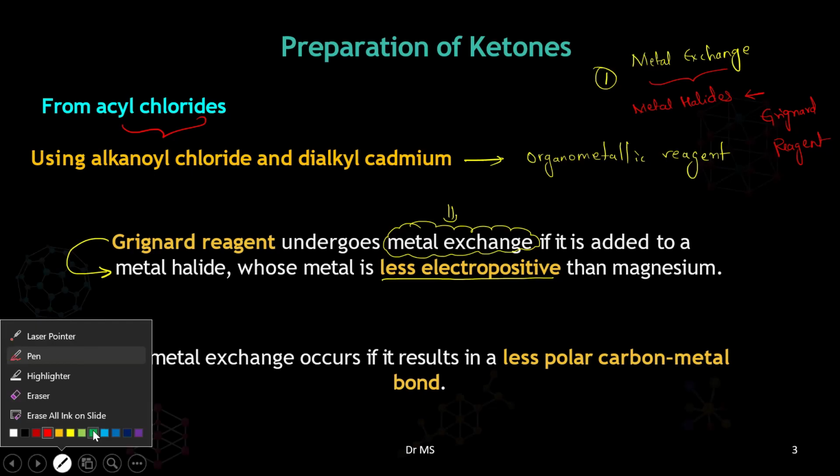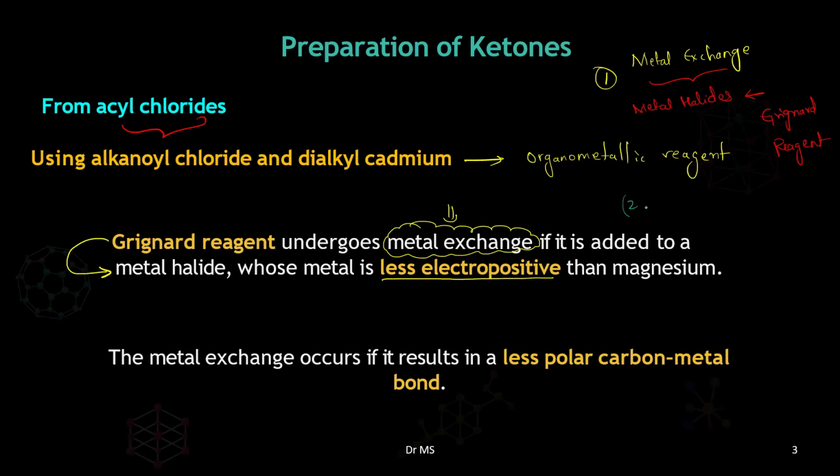But for this to happen, the other thing is that whatever metal we are taking should be electropositive. So the metal should be more electropositive than magnesium, so that the reaction will proceed favorably and form a less polar carbon metal bond.